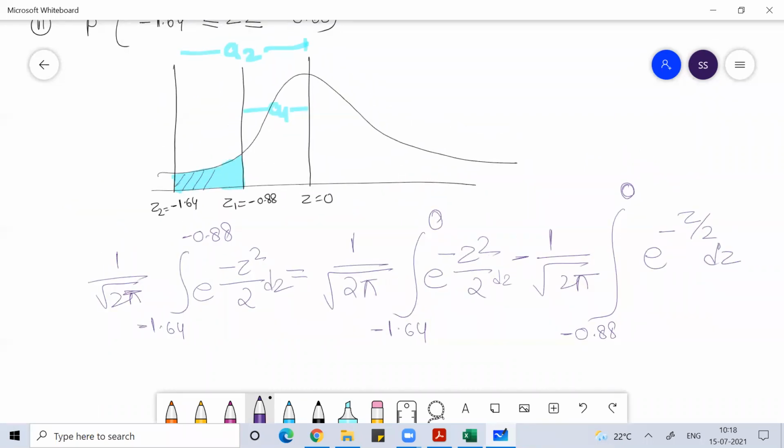So this required area would be A2 minus A1.